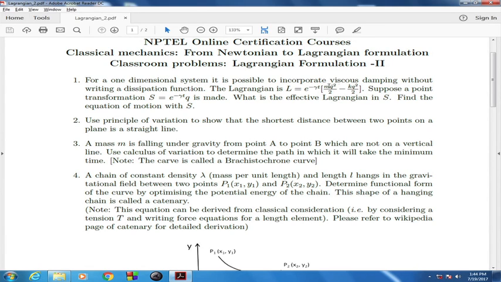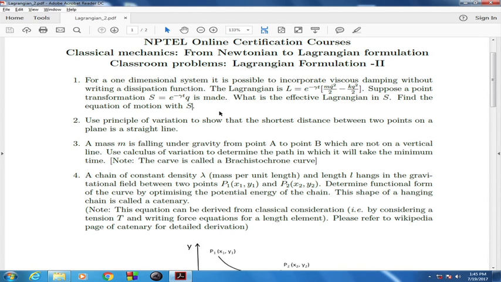It is possible to incorporate viscous damping without writing a dissipation function. The Lagrangian is L, and we just add an e to the power minus gamma t term with the Lagrangian, and this will take care of the damping. Now, we suppose there is a point transformation S equal to e to the power minus gamma t of q. What is the effective Lagrangian in S, and we also have to find out the equation of motion.